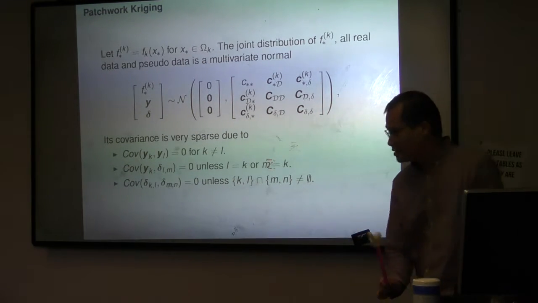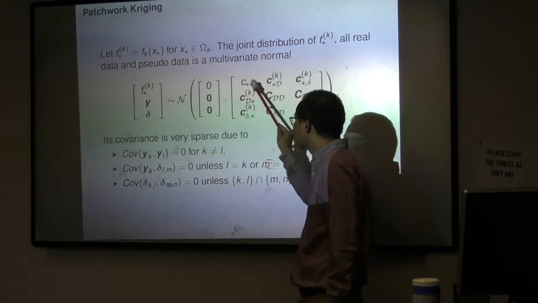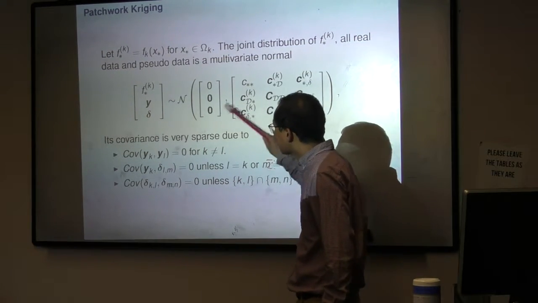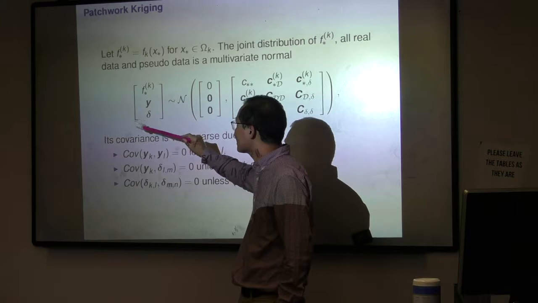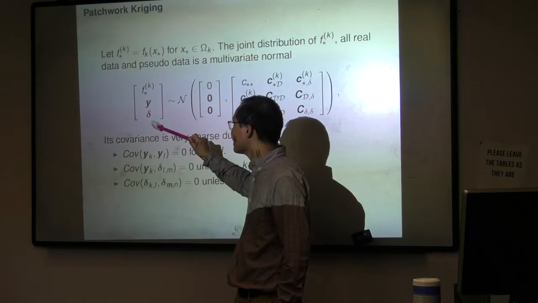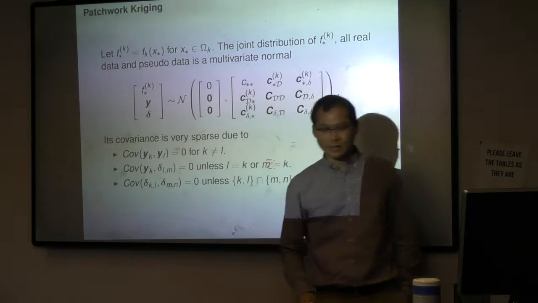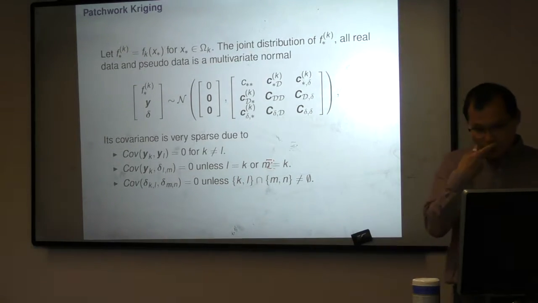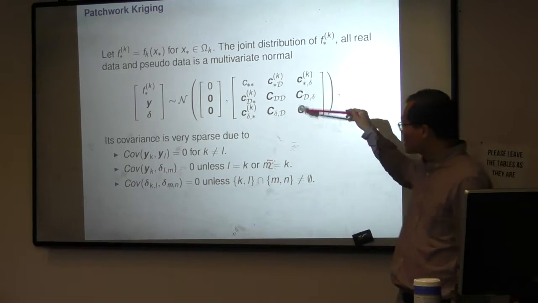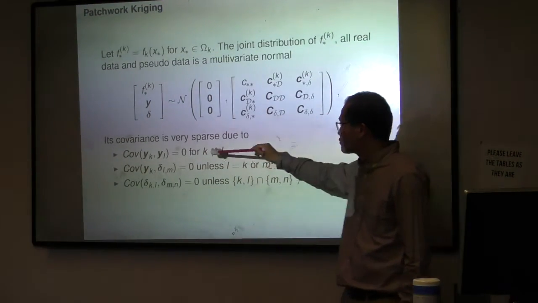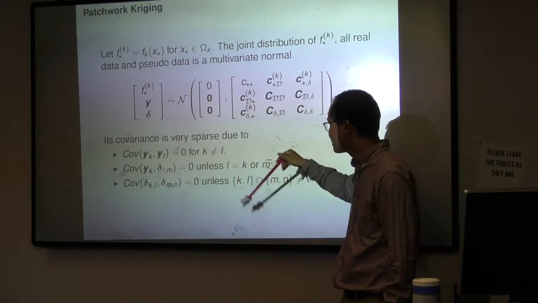So then you can use the prior and the data to get the joint distribution given your prediction points, and then you have the real data and your pseudo data. Here the joint distribution has a very sparse covariance matrix because of the properties given the priors.